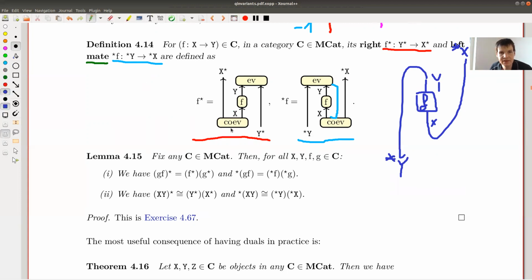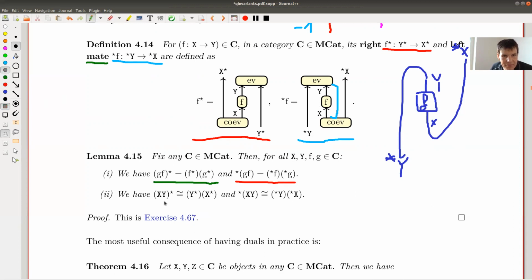And they satisfy exactly what you think they satisfy, because you turn the order around after composition, and that's an exercise. You just draw the pictures, you will see it.